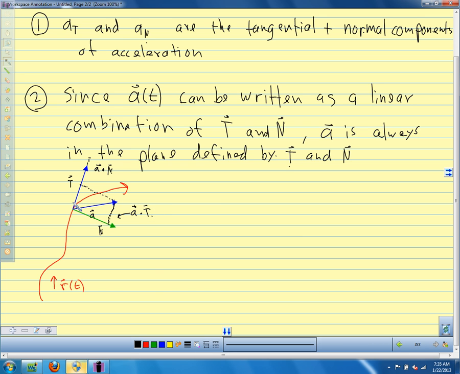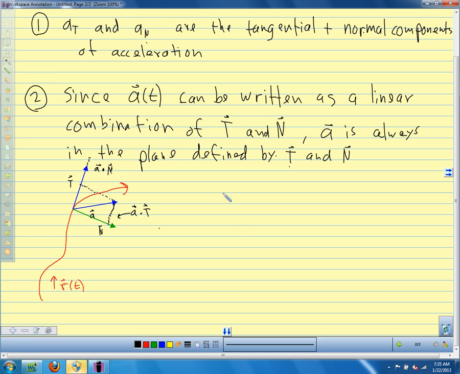That's the component of a in the direction of t, and this is the component of a that we're projecting onto n. So since they're coplanar, we can look at these quantities in terms of these dot products, and this allows us to simplify or come up with a process for finding a sub t and a sub n.